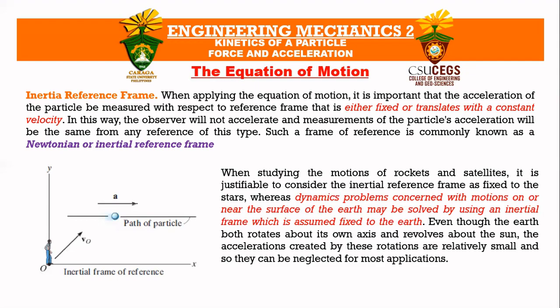We all know that it rotates about its own axis and revolves around the Sun, but the rotation and revolution effects are relatively small, and these small values can be neglected for applications in dynamics problems. That's why the Earth itself will be considered as our Newtonian or inertial reference frame for dynamics problems.